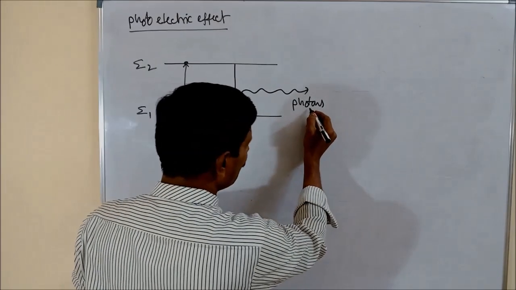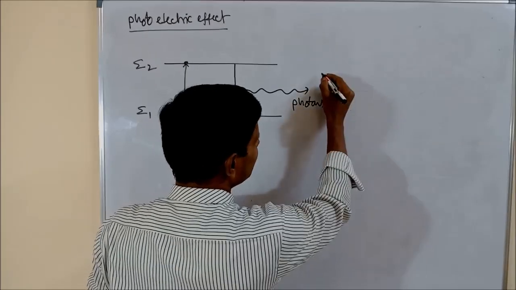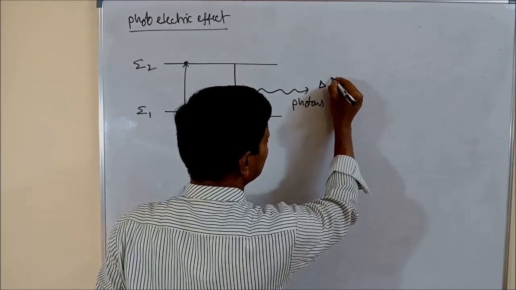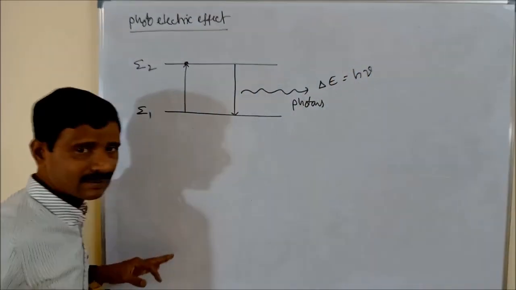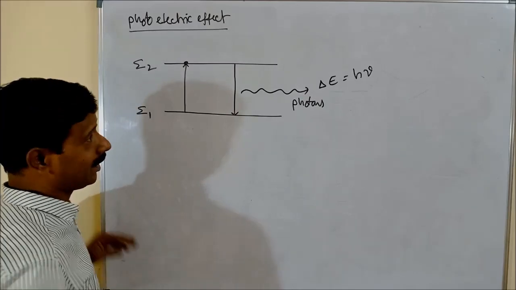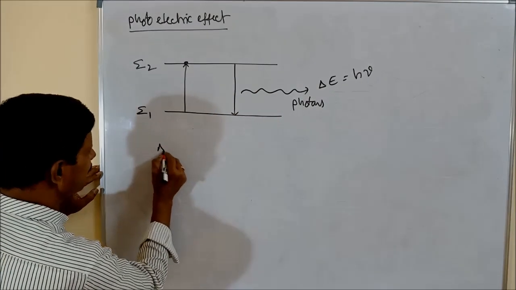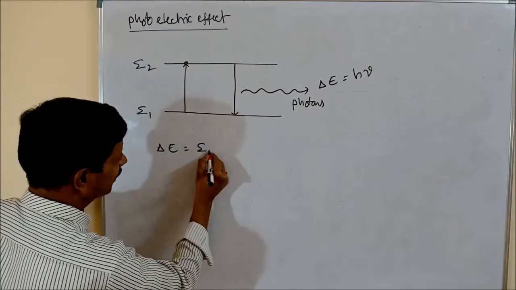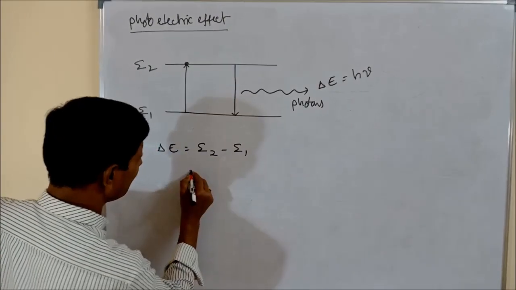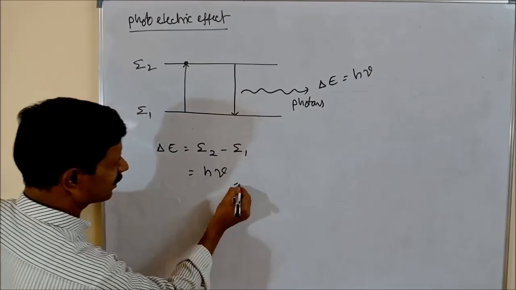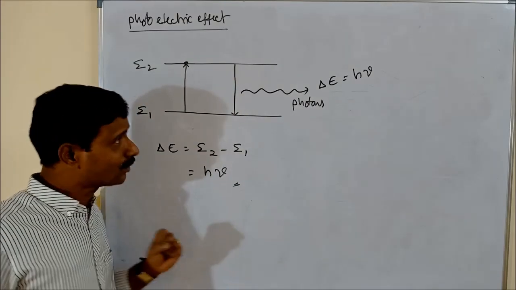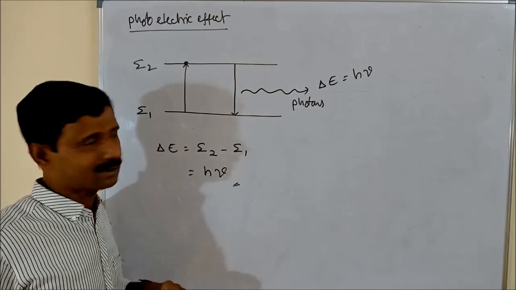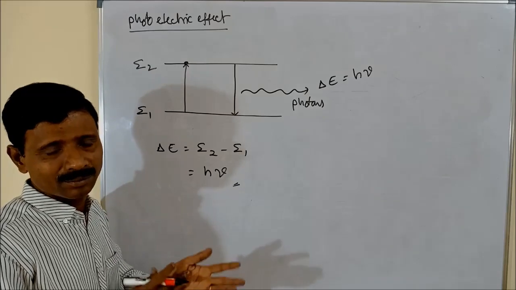The energy associated with each photon is the energy difference, delta E, which is equal to a quantum as per quantum theory. So delta E is E2 minus E1, which is equal to h nu. That is how he suggested emission takes place in real bodies.